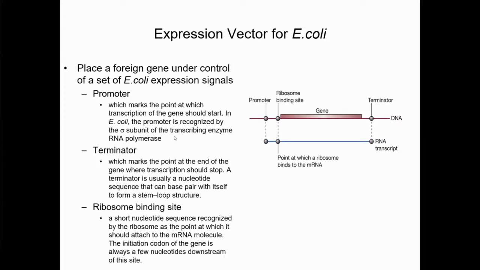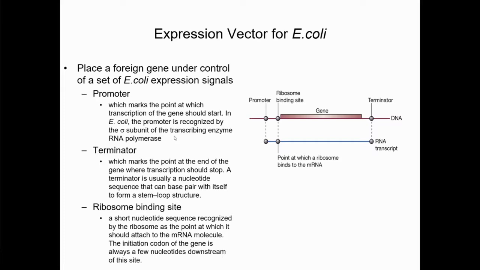One is the multiple cloning site. The second is the origin of replication. And number three is the selectable marker. For bacteria, mostly we use the antibiotic resistance gene.